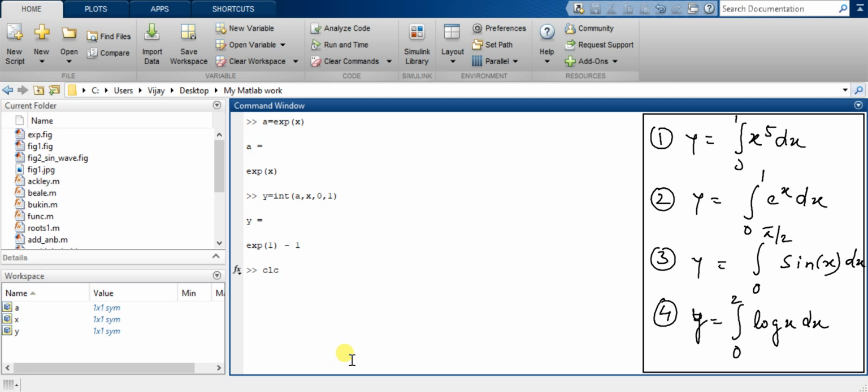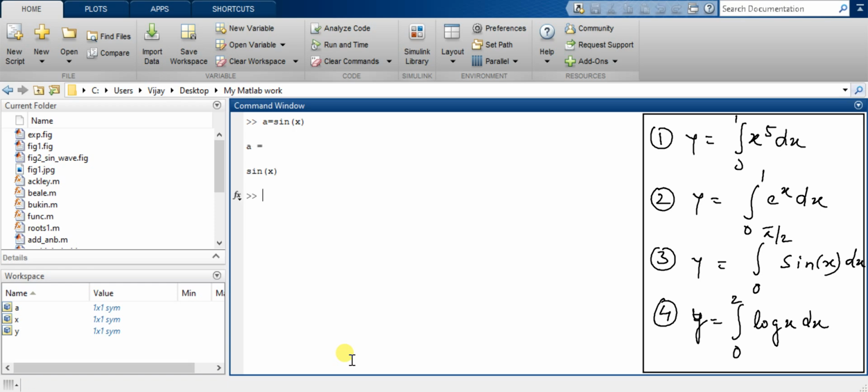Now next, try to solve the third example. Here x is the variable, the symbolic object which is already stored. So we define only an expression, that is sine of x, and we enter it directly.